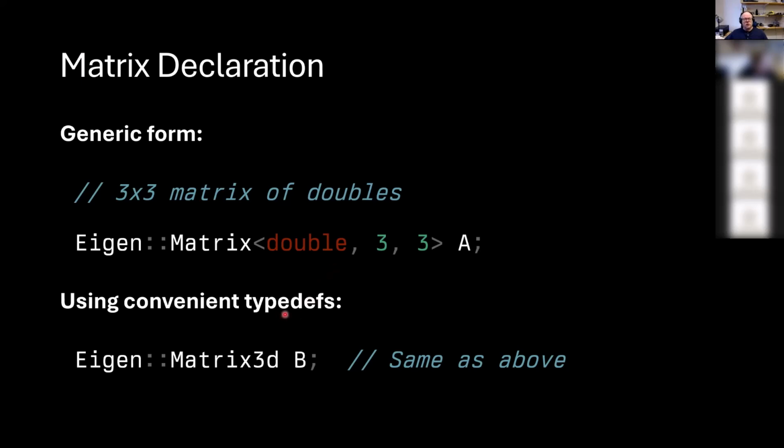For static matrices, I think there are 2, 3, and 4 predefined. So in this case, Matrix3d is equivalent to this declaration here with double. The d suffix here is the data type. And then Eigen Matrix double here, that's the same thing. So this is just a shorthand of that.